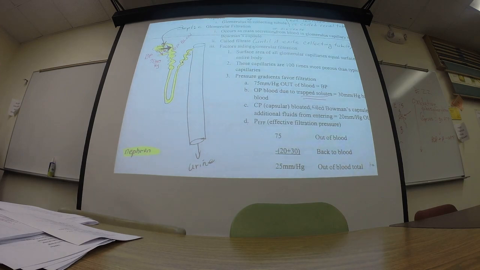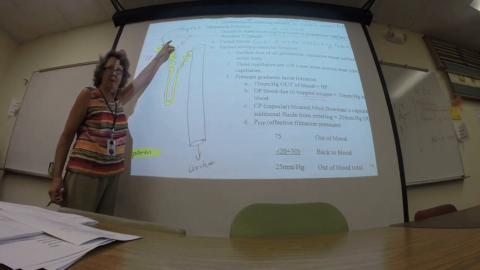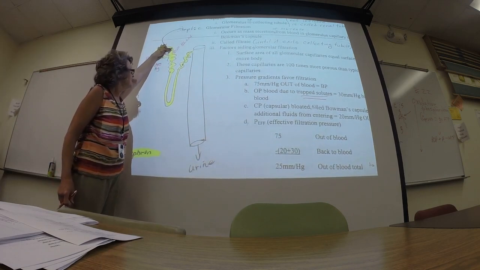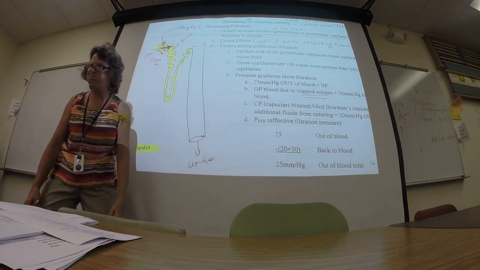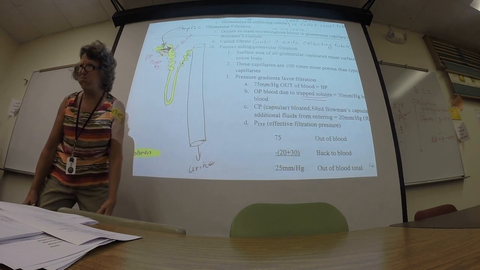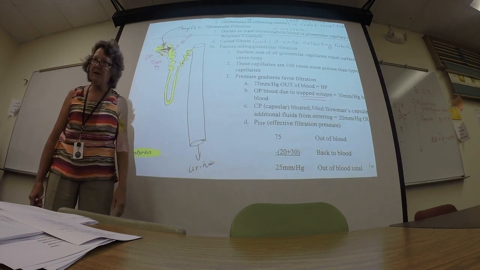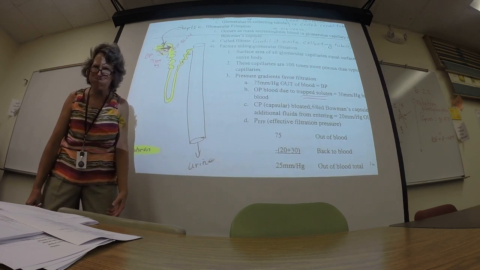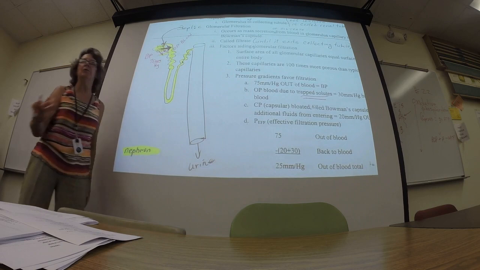And then, if you sieved all this stuff over here, like filling up a water balloon, then this Bowman's capsule, or glomerular capsule, is bloated with filtrate. Does it want to take on any more filtrate? No. So it is pushing back because it is filled with filtrate.